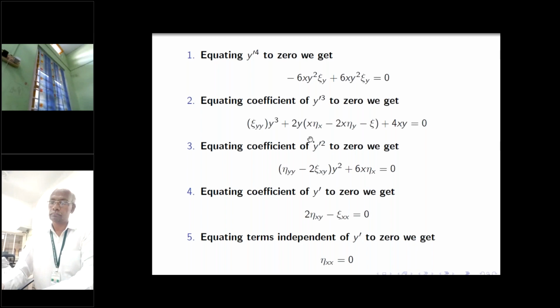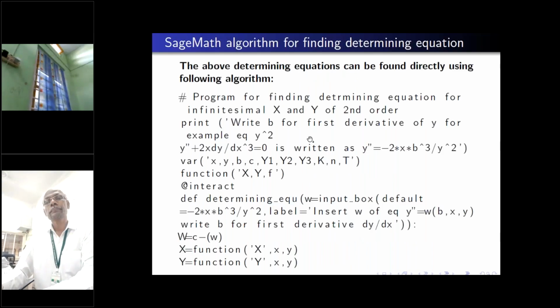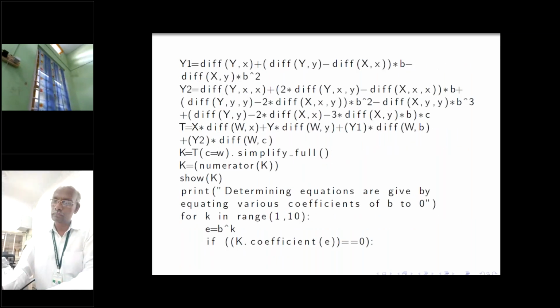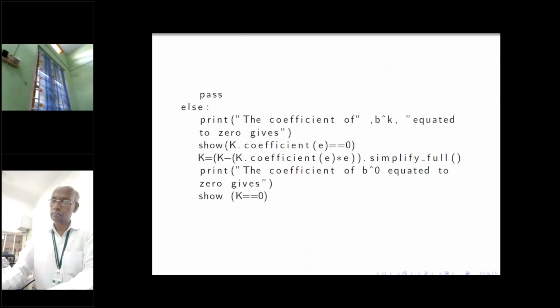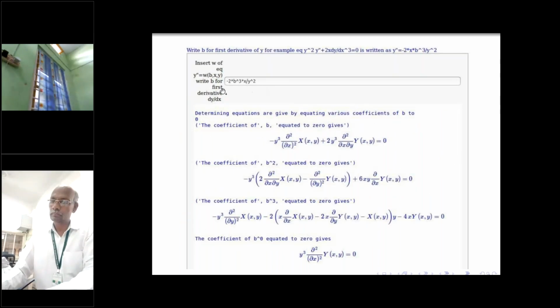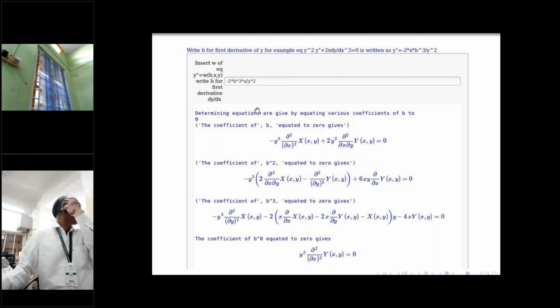determining equations. So to avoid all this calculation, again we made an algorithm. Here you can see this algorithm uses the Python language. When we put the value here in this box, the right hand side of the differential equation, I have used the term b for y dash, because in Python y dash has a different standard meaning. So I use b for y dash.